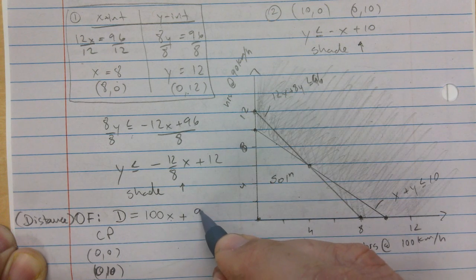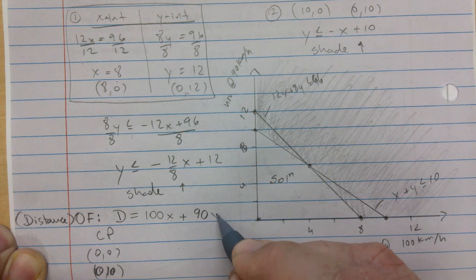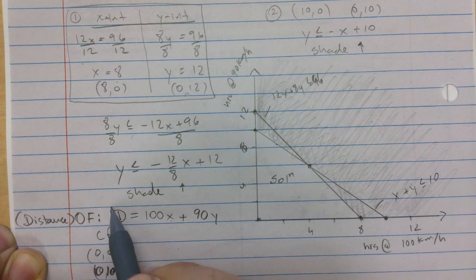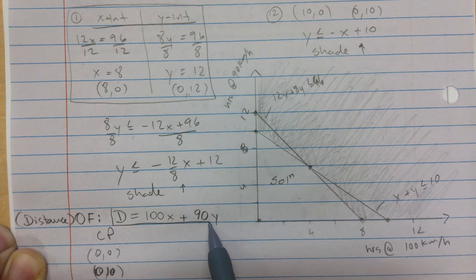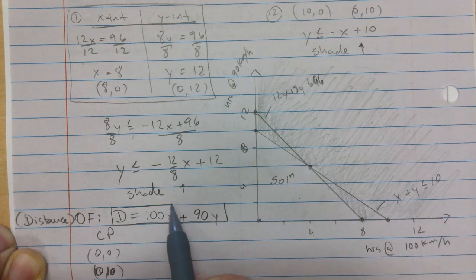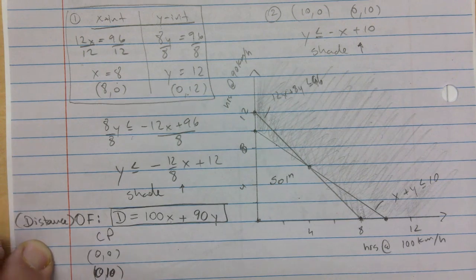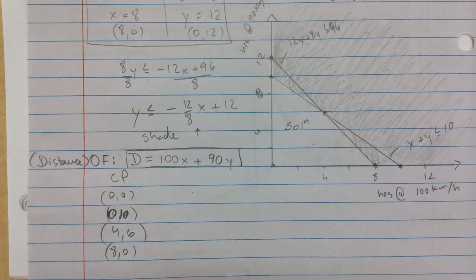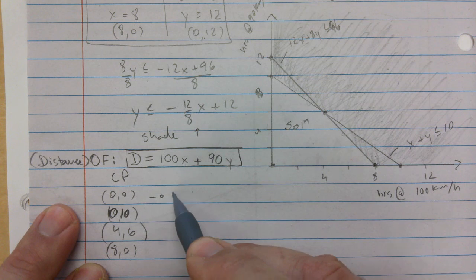And for every hour you spend at 90, you actually cover a distance of 90 kilometers. So this is the objective function that kind of just crept up here. You're like, what? Where'd that come from? That's just it. It's kind of like the units in this case, right? So then you plug them in.